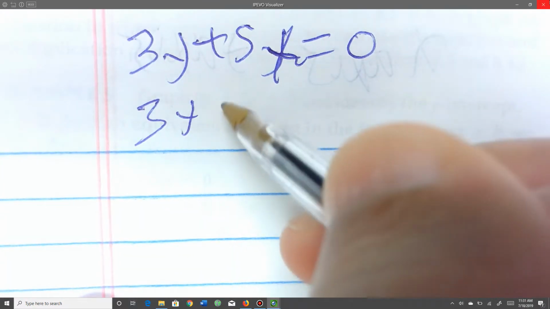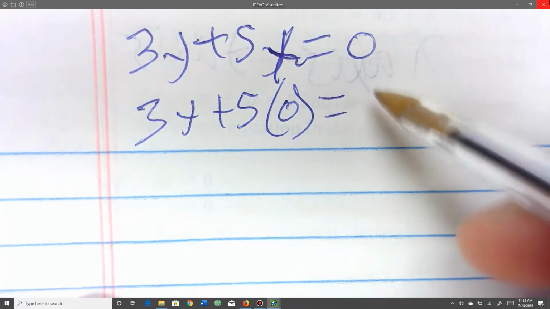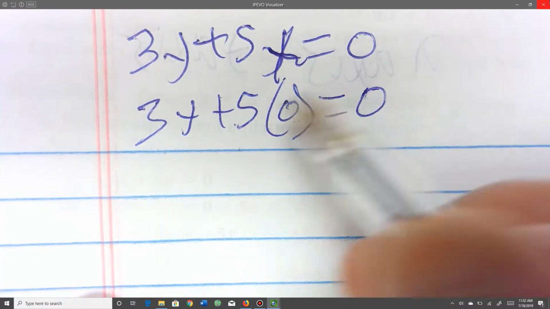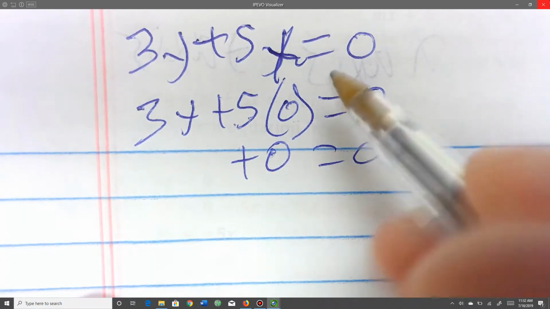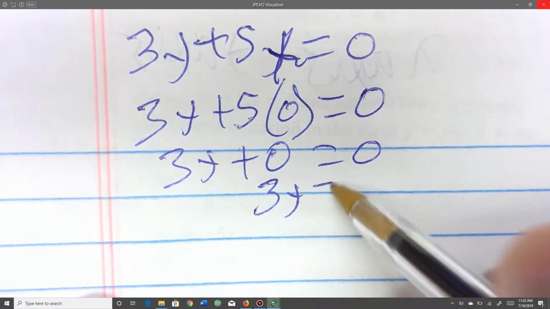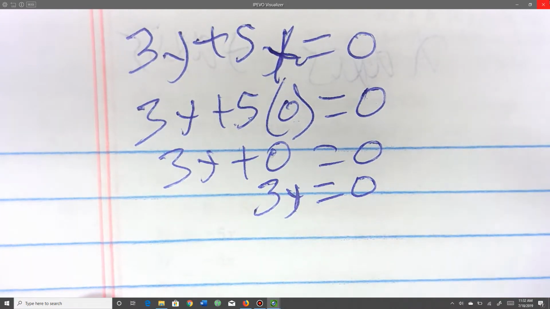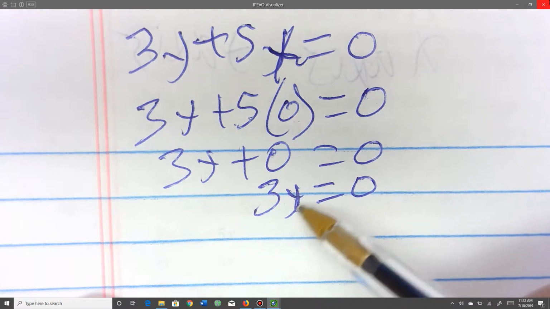0 for x, because we're trying to find our y-intercept. Rewrite everything else. 3 times 0 plus 5y equals 0. If I multiply 3 times 0, that's 0. Now we have 5y equals 0, and we need to solve for y because we want y by itself, because that's going to tell us what y equals.